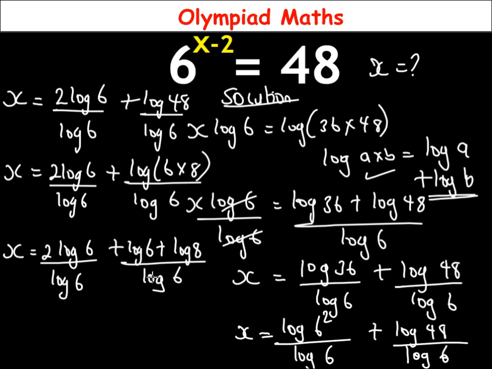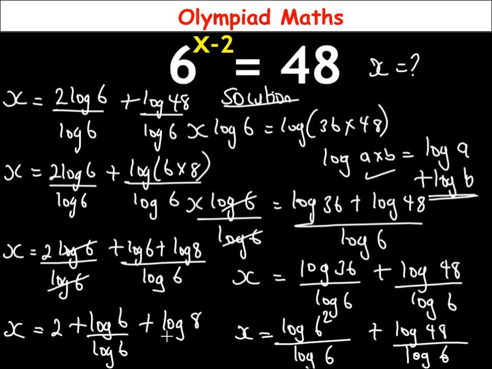Okay, so with this, logarithm of 6 divided by logarithm of 6, what you have is x is equal to 2 plus, if you split this, logarithm of 6 over logarithm of 6 plus logarithm of 8 over logarithm of 6. Now let us clean up this side.